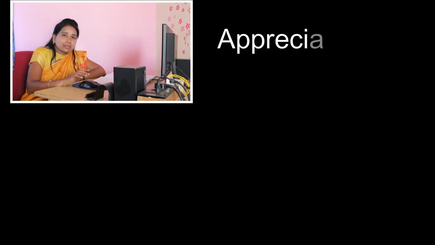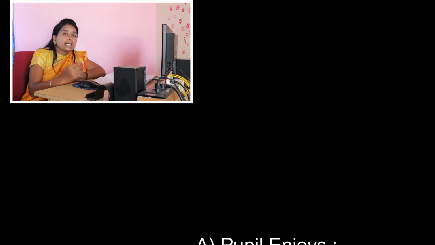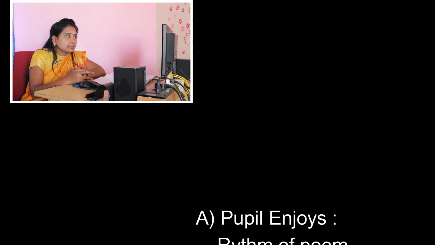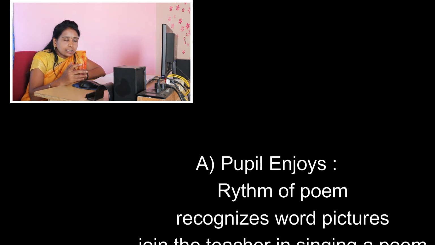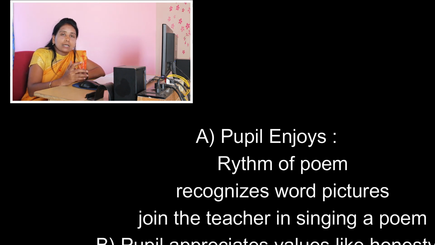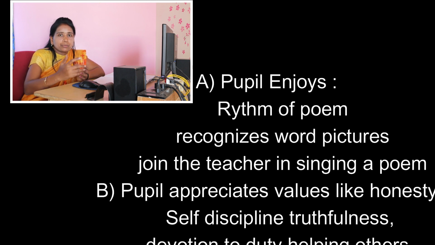Later, appreciation. There are several specifications in appreciation. First one, the pupil enjoys the rhythm of a poem. Later, the pupil recognizes the words and phrases in a poem or in a drama, whatever it may be.